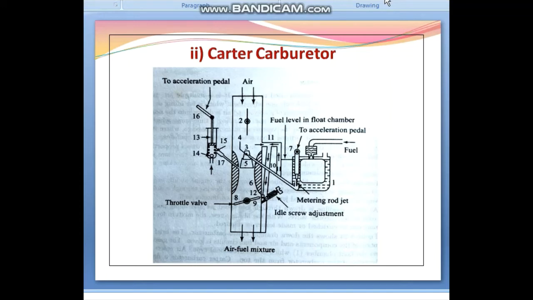The jets in the side of the nozzle come into operation in direct proportion to throttle position. The more the throttle is open, the more jets are in operation. At wide open throttle, all jets are working and the engine is getting maximum supply.